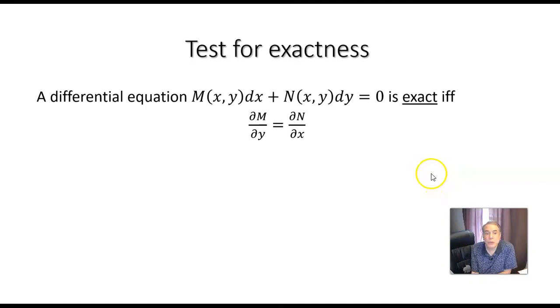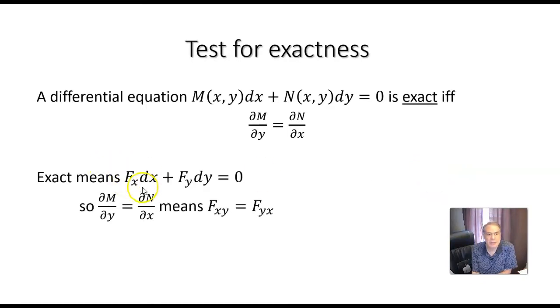And the reason this works is because if it is an exact equation, that means that the thing in front of the dx is the partial of f with respect to x. So when you're taking its partial derivative with respect to y, what you would get would be the second mixed partial derivative, f sub xy. That is the partial derivative with respect to y of the partial derivative with respect to x of f.